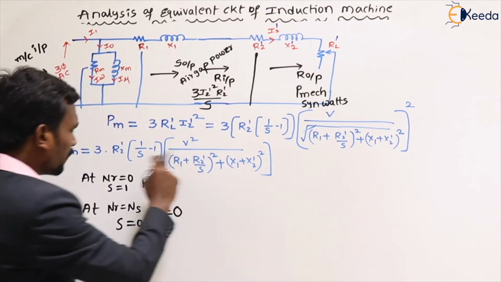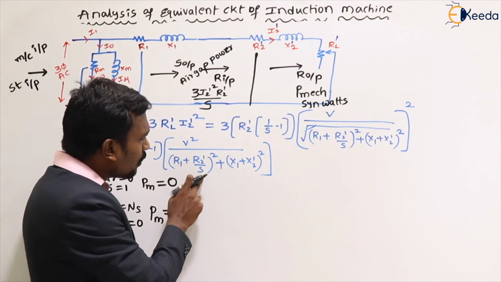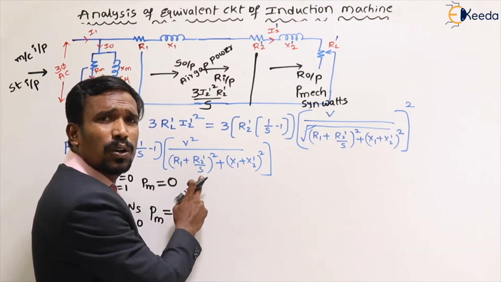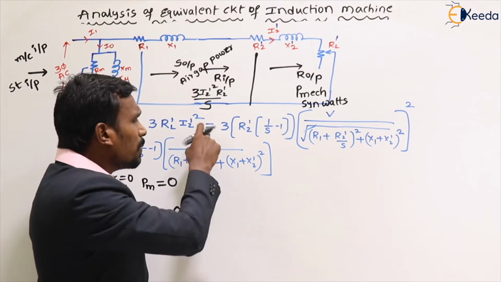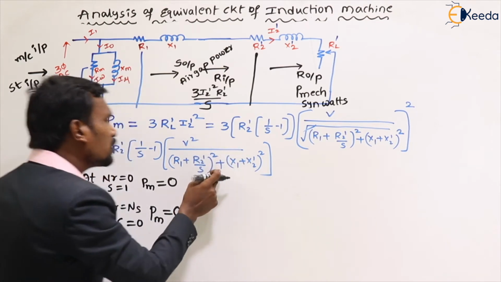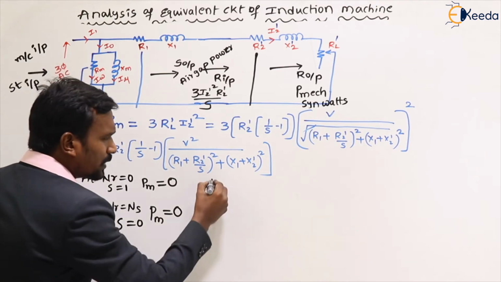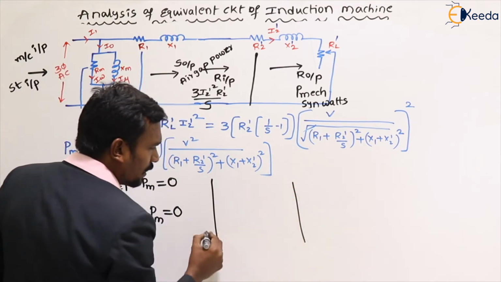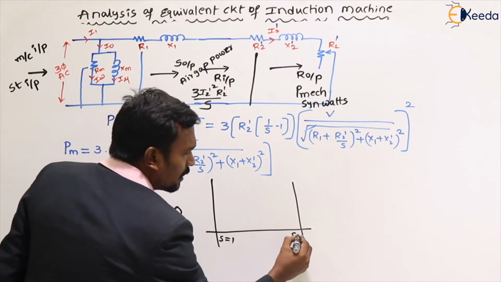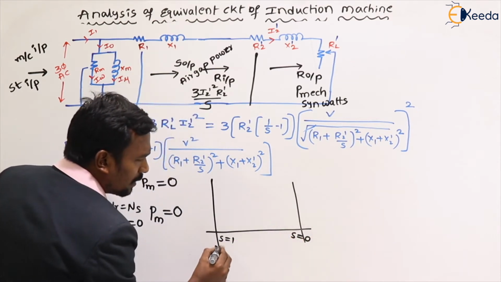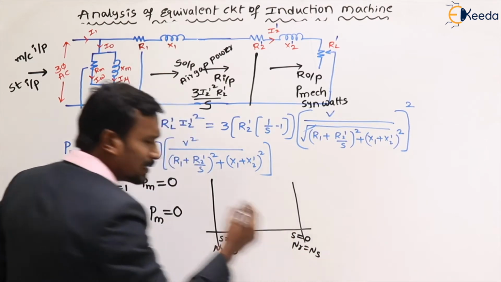But see here, if S is equal to 0, something by 0 is infinite, something by infinite, 0 into anything, 0. So if you take a graph like this, here S is equal to 1, here S is equal to 0, nothing but N_R is equal to N_S.